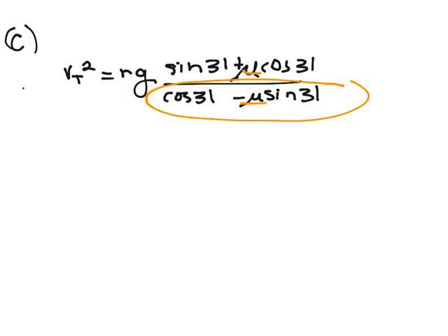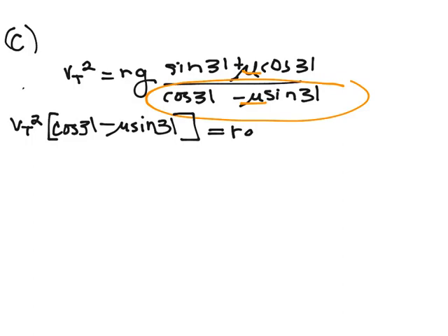When I do that, I will get vt squared times cosine 31 minus mu sine 31 equals rg, and that rg is going to distribute: sine 31 plus rg mu cosine 31.